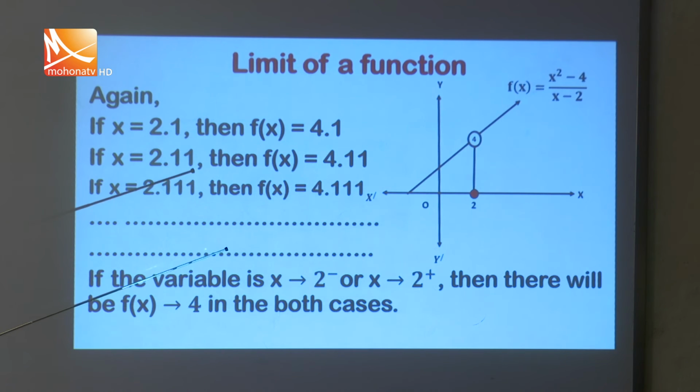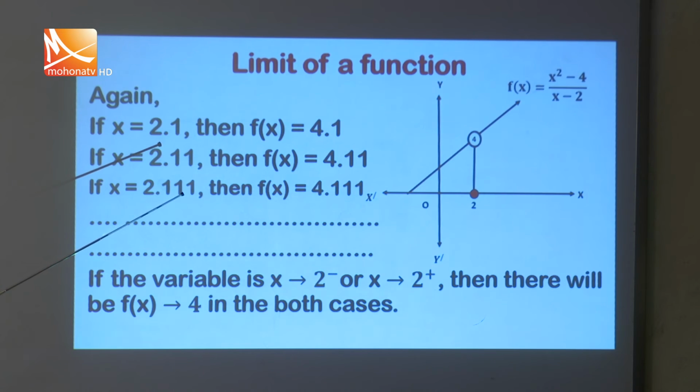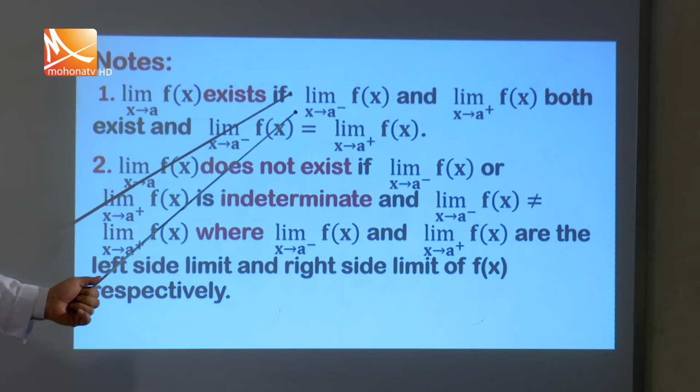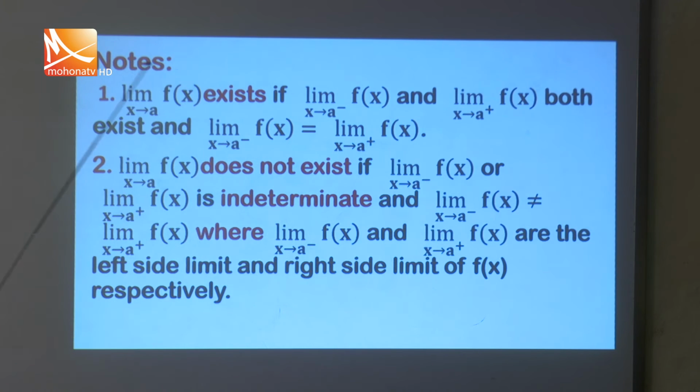Okay. So you just see that for limits there are two notes. Number one, the limit of f(x) as x tends to a exists if the limit as x tends to a minus of f(x) and the limit as x tends to a plus of f(x) both exist and their values are equal.